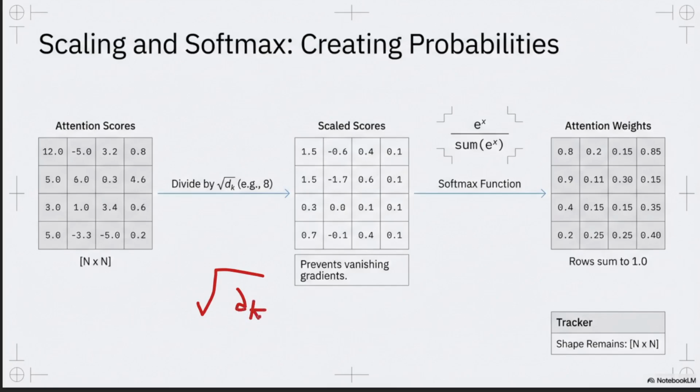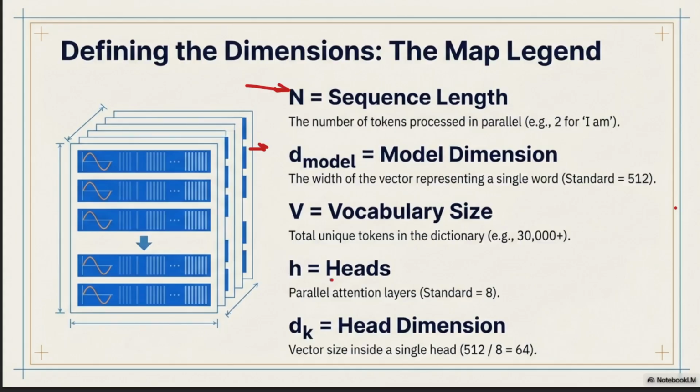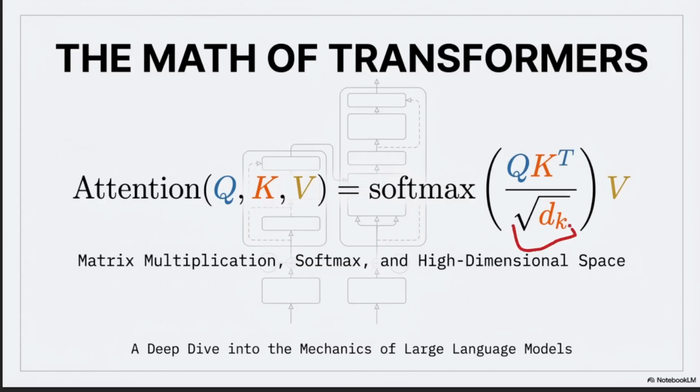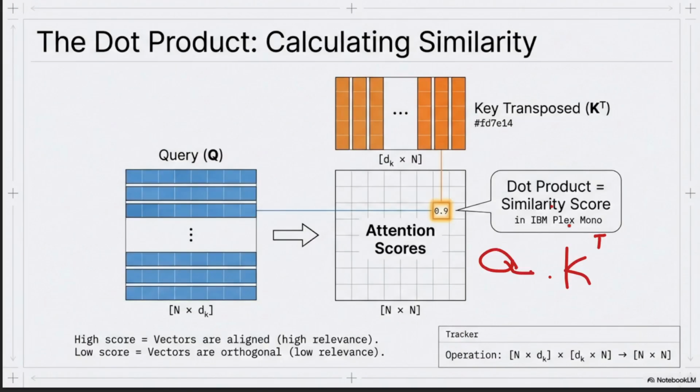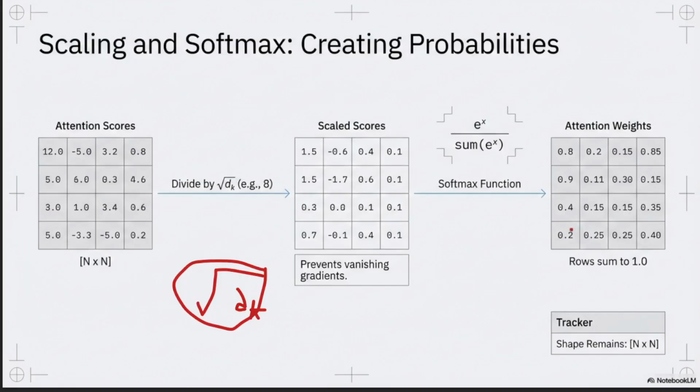In the original paper, dk was 64, and the square root is 8. So we divide by 8. This keeps the gradients stable so they don't explode.